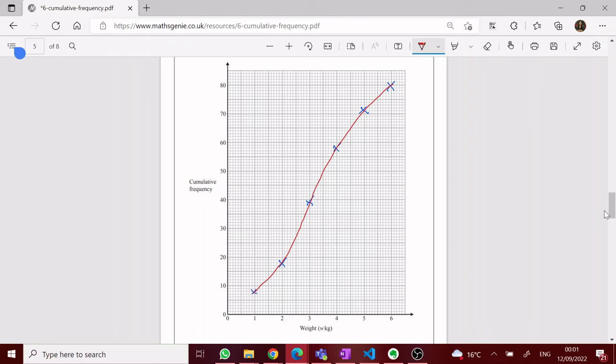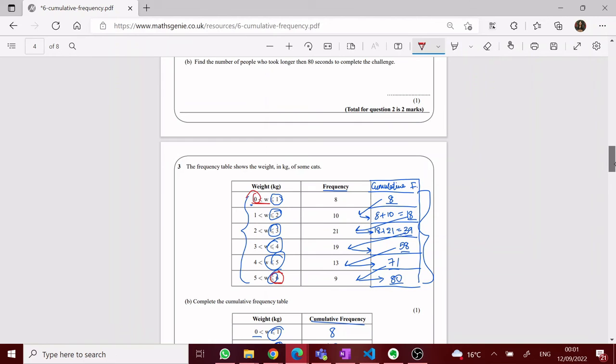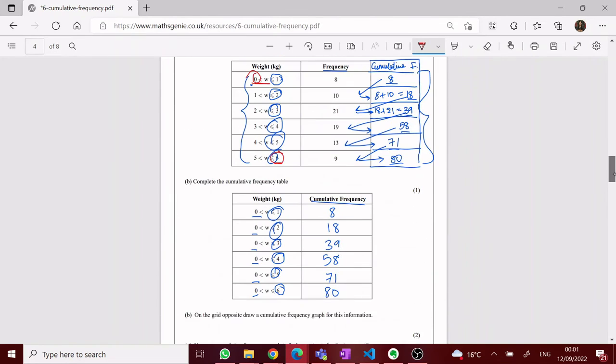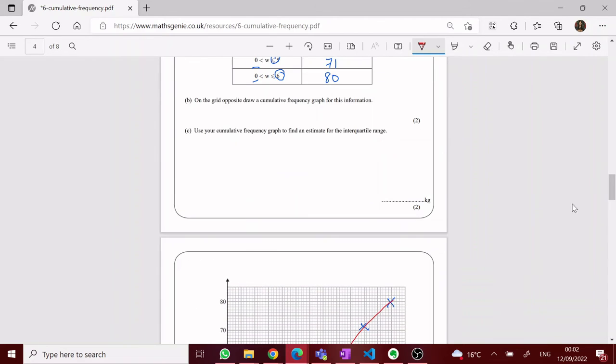You need to be careful enough to start at 0 and end at 6, because that's what the data says. If the range says it starts at 0 and you do not start at 0, you can lose a mark. So be very careful about this.